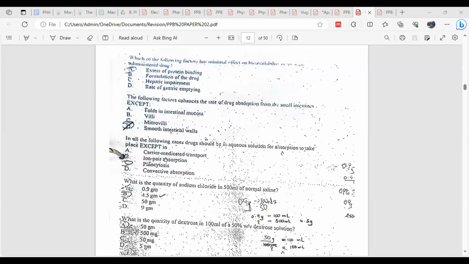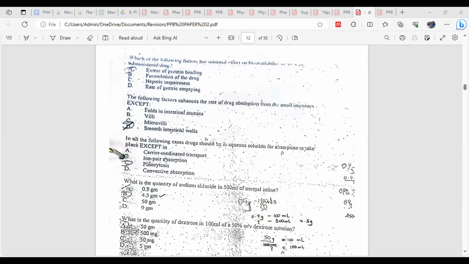Even me, I think ni hiyo ion pair, because ninasoma hapa kwa another NIH document. Gastrointestinal absorption of these highly ionized drugs. So the lipophilicity of highly ionized drugs at the physiological pH is low. So GI absorption of such compounds cannot be explained by the kawaida pH partition hypothesis.